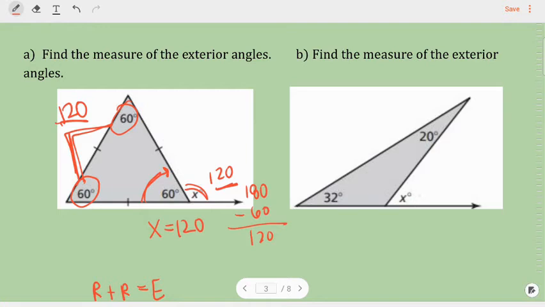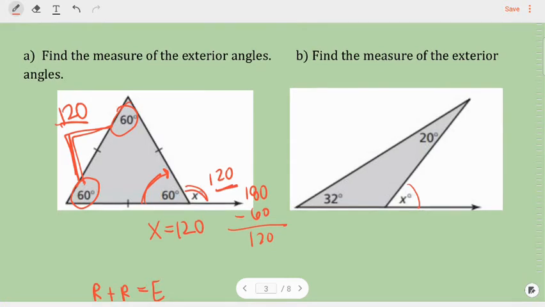If I wanted to find angle X, I would need to know one of two things. Either I would need to know this last interior angle, and because this is a straight line, I could subtract from 180. Let's go ahead and do that. In order to find that last interior angle, we would add these two angles together. 32 plus 20 is 52.